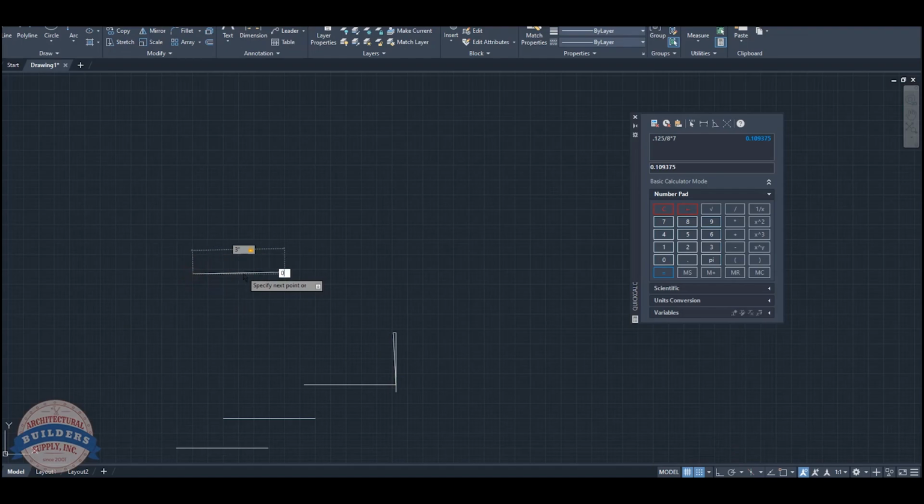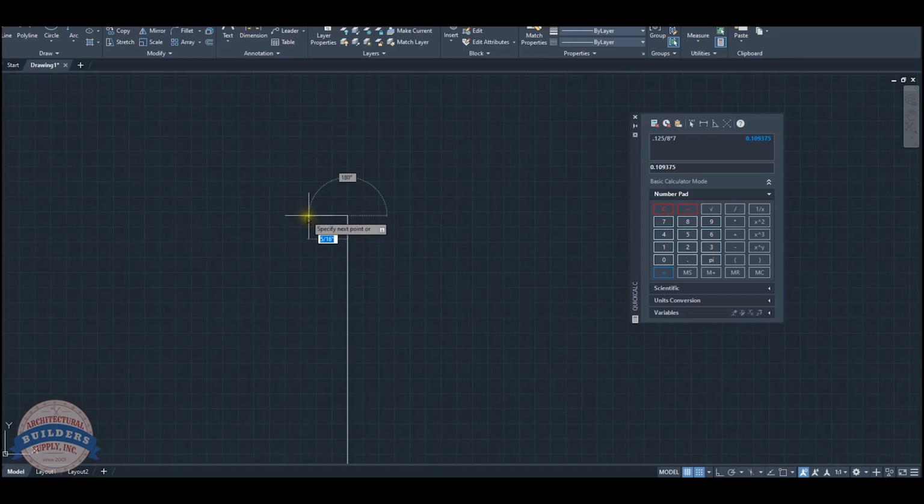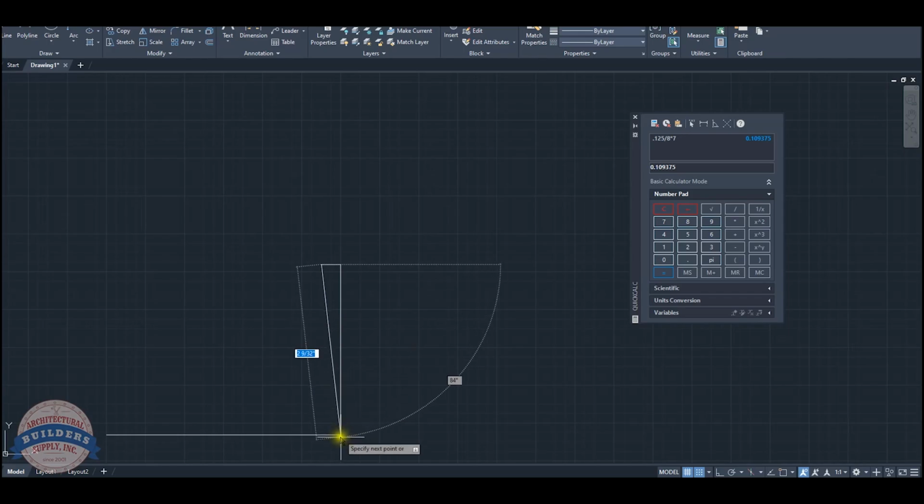Three, 0, then 2 1/4 at a 90 degree angle. Now we're going over 1/4 inch, 0.25 at 180 degree, and then we come right back down to the origin.